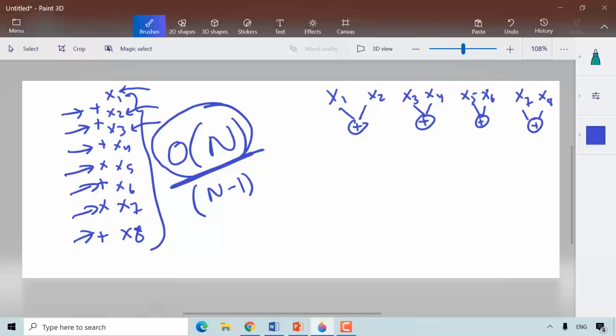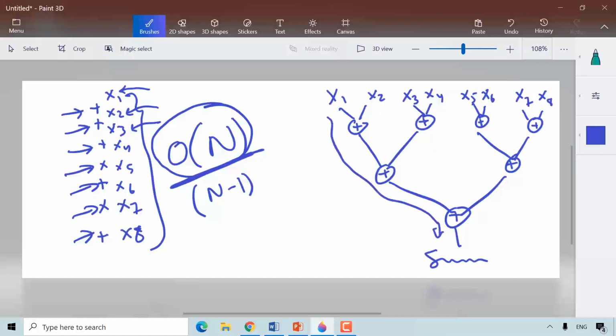Then I can add these together, and then these together, and then this is the final sum of all these x's. Now, what's the delay here? The delay is 3 add operations, compared to 7.